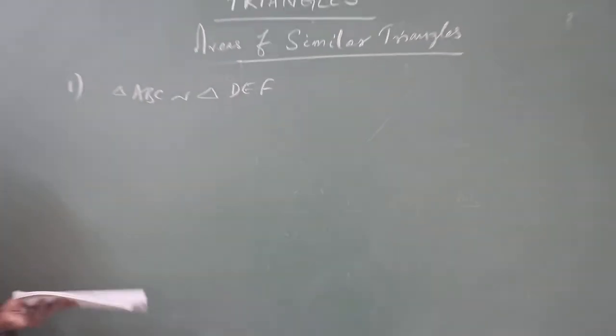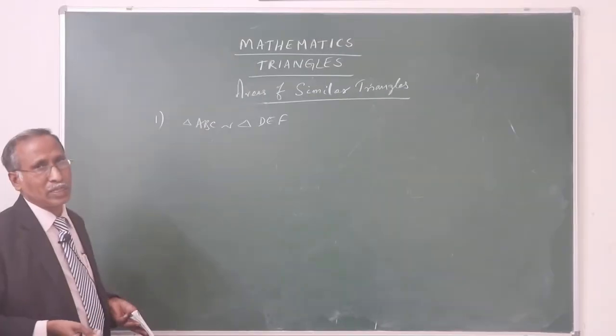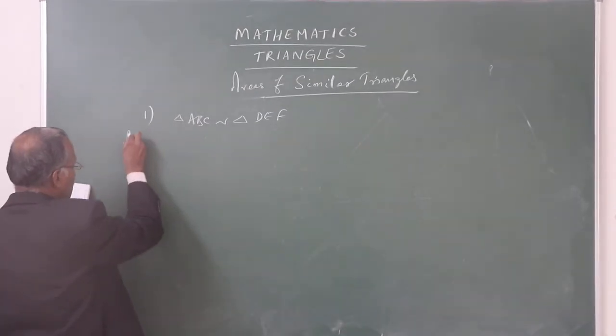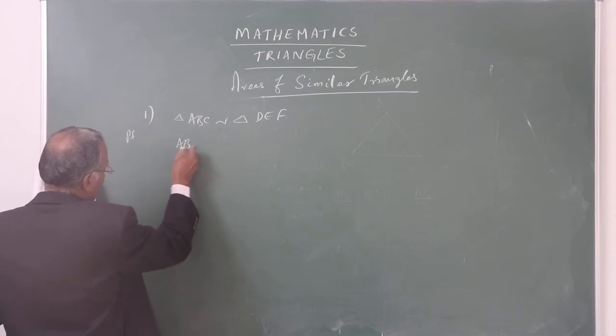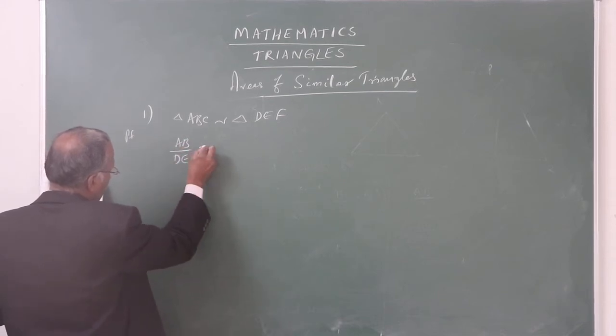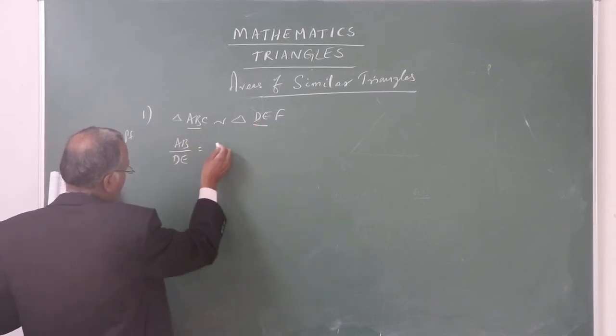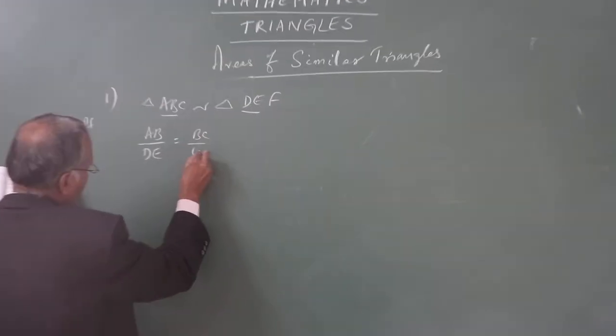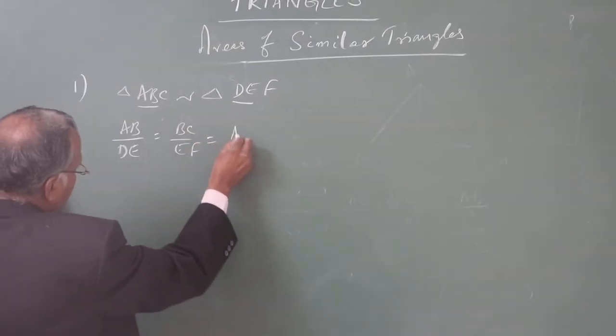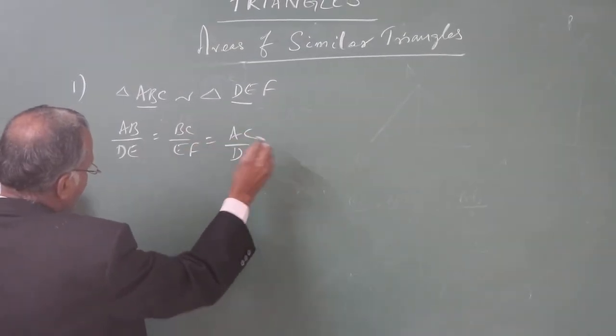When they are similar, corresponding sides are in proportion. That means AB by DE, BC by EF, which equals AC by DF.